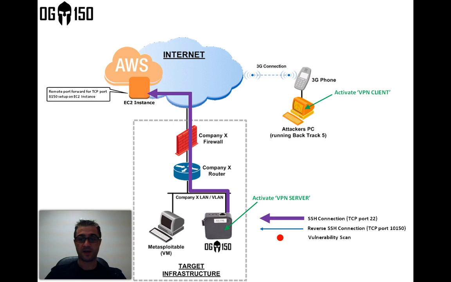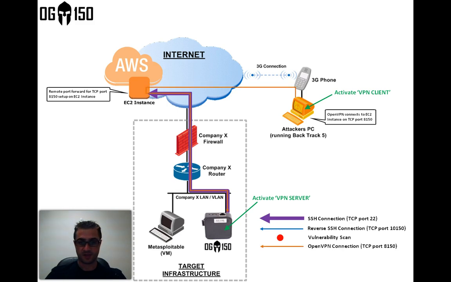We activate the VPN client on the Backtrack 5 machine, again just OpenVPN, and we start it. So we try and actively connect to the VPN server on TCP port 8150. Same principle as the reverse SSH. As previously discussed, the port forwarding will forward that TCP connection to the OG150. Okay, so that's great.